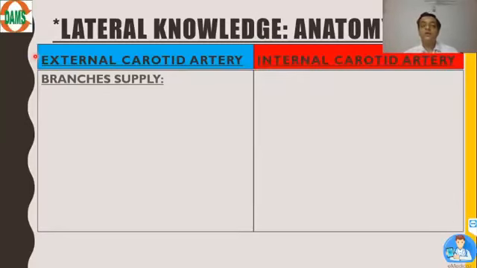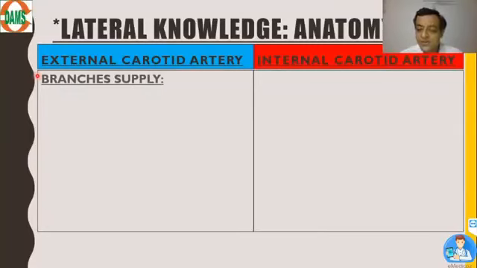So you want to know which areas are supplied by branches of the carotid artery, the external carotid artery and the internal carotid artery. So branches supply. Let's make a table, please. External carotid artery, internal carotid artery. Yes, you must write this.